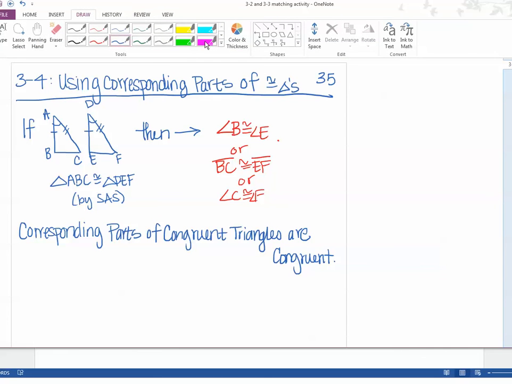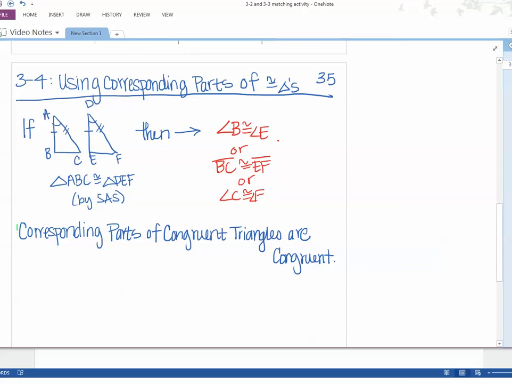So often what you'll see is an abbreviation. You'll see C, P, C, T, C. That's usually how it's written, CPCTC. And it stands for corresponding parts of congruent triangles are congruent. And sometimes you even see CPOCTAC. I've seen some textbooks use that, but they mean the same thing.